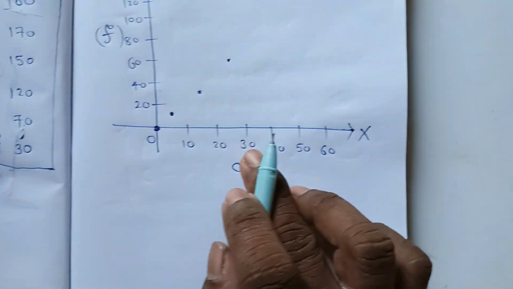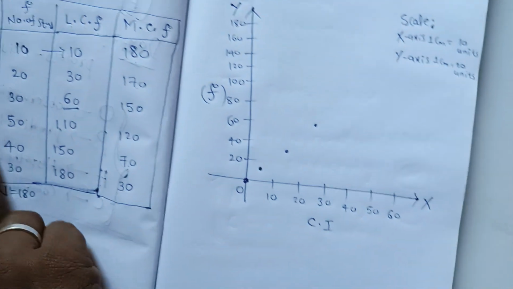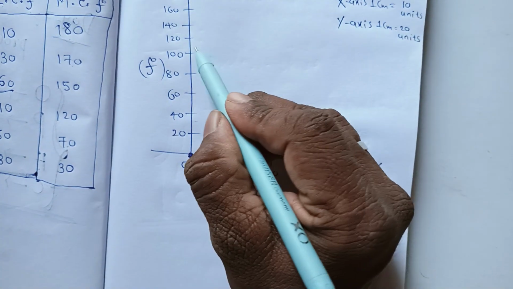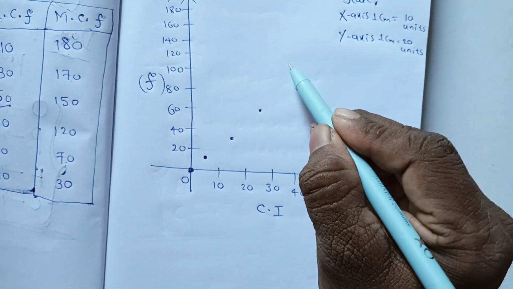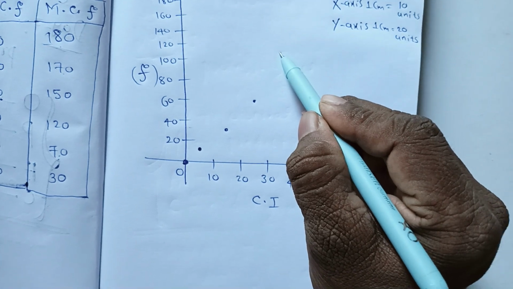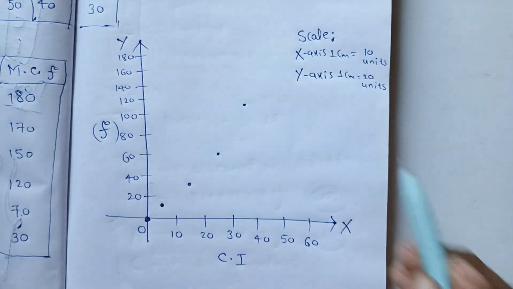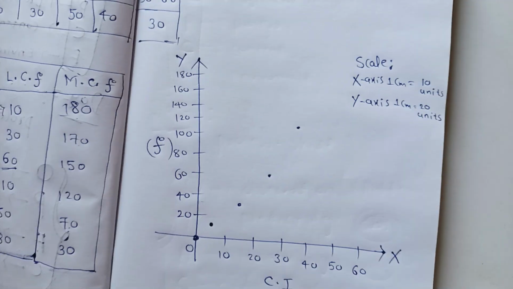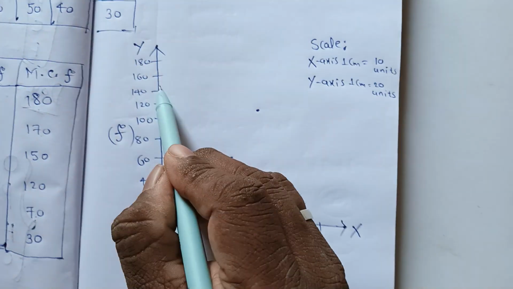Next, for the 30 to 40 class interval, you have 110. So the 110 point is over here. Next, 40 to 50, that is 150.